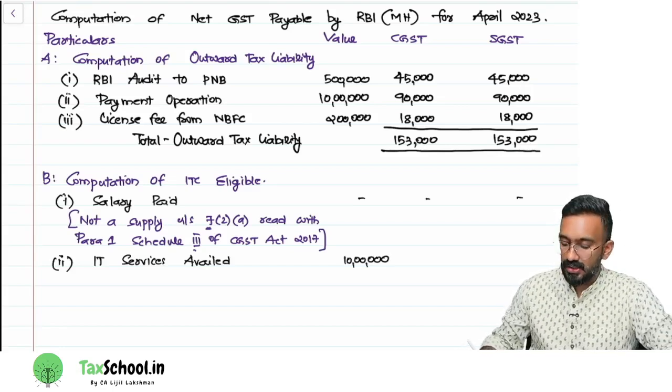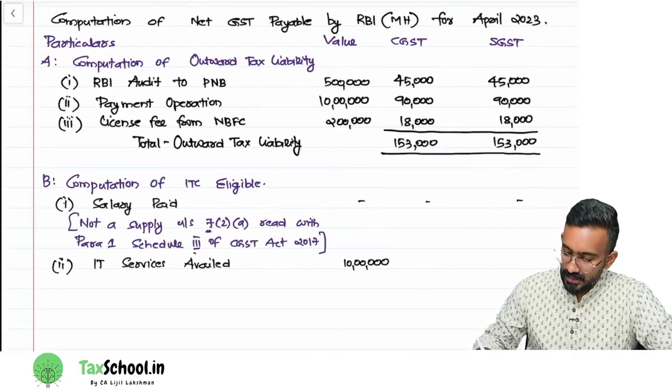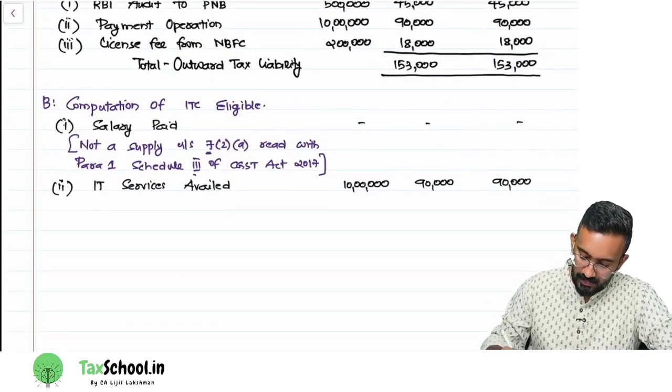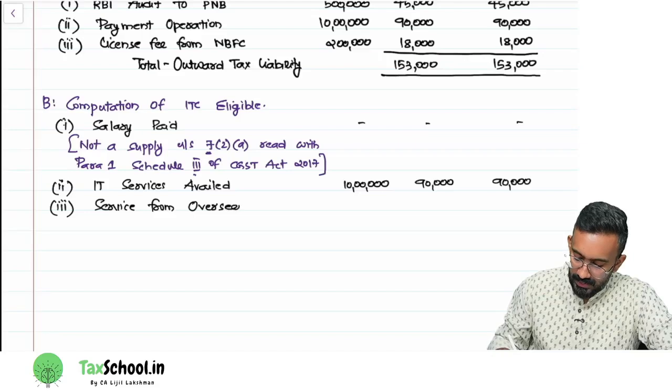How much is SGST? CGST would be 90,000. SGST would also be 90,000. Then service from overseeing committee member.